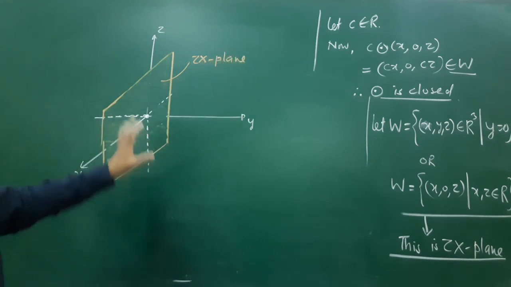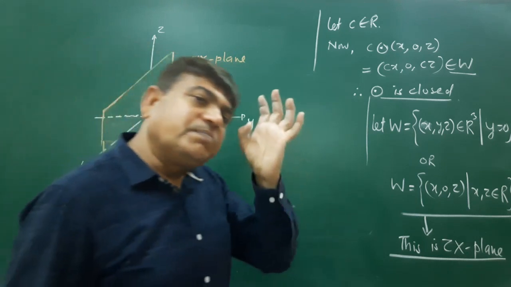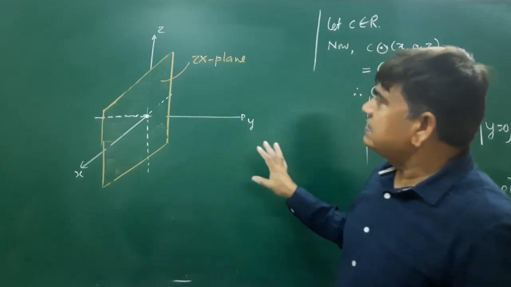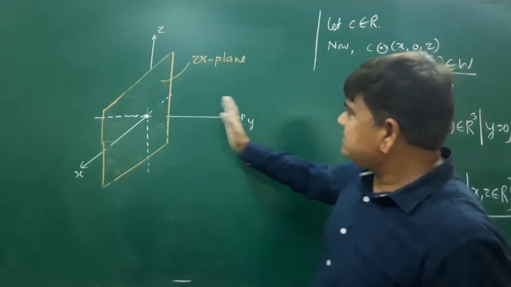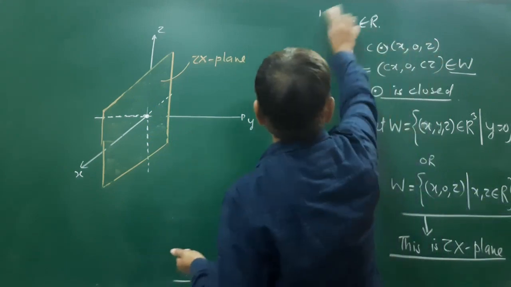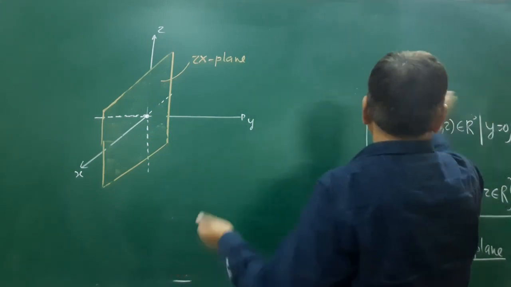Okay, so the xz plane passes through the origin, that means (0, 0, 0) will be the additive identity. So this plane is passing through this one. Now instead of this one, if I change the example, then what will happen?